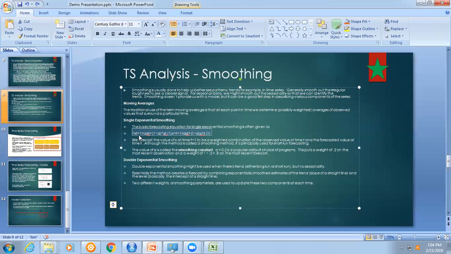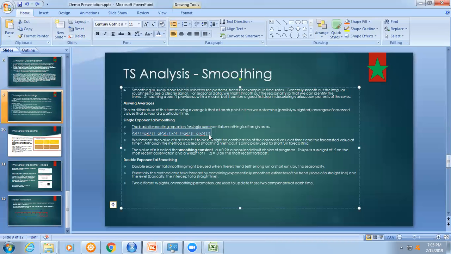So xt plus 1 is a function of xt, xt minus 1, xt minus 2, etc. And you can see the coefficient used here is exponentially decreasing. So we are saying that the value right now is heavily influenced by the immediate predecessor, much less influenced by the one before it, and even less by the one before that. So you are exponentially reducing the weightages of the previously occurred values and their influence on the current value. That is what is called exponential smoothing.